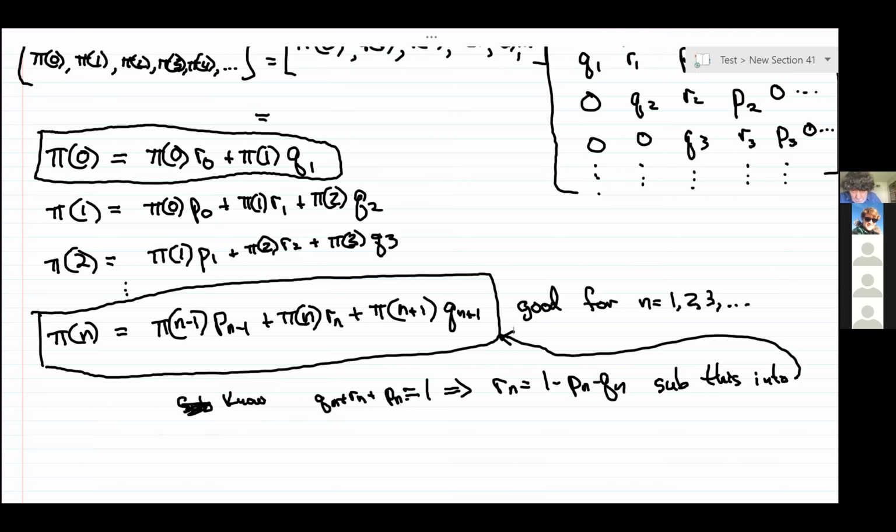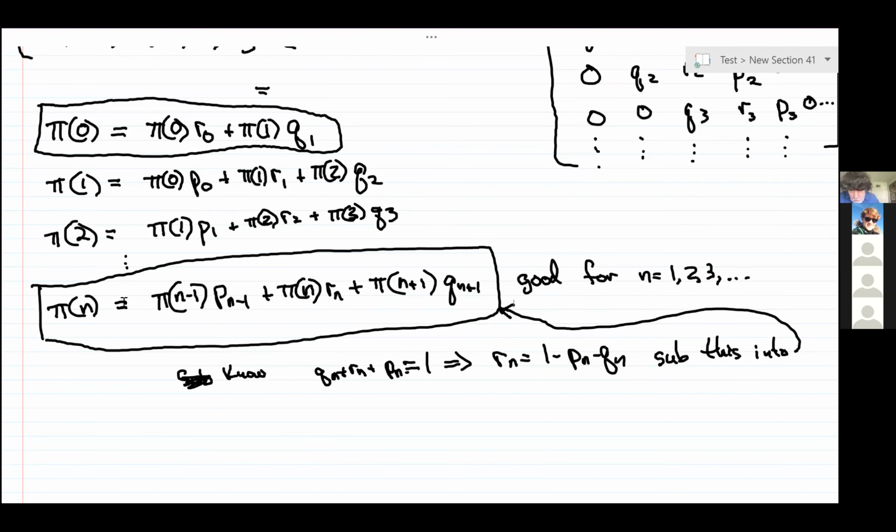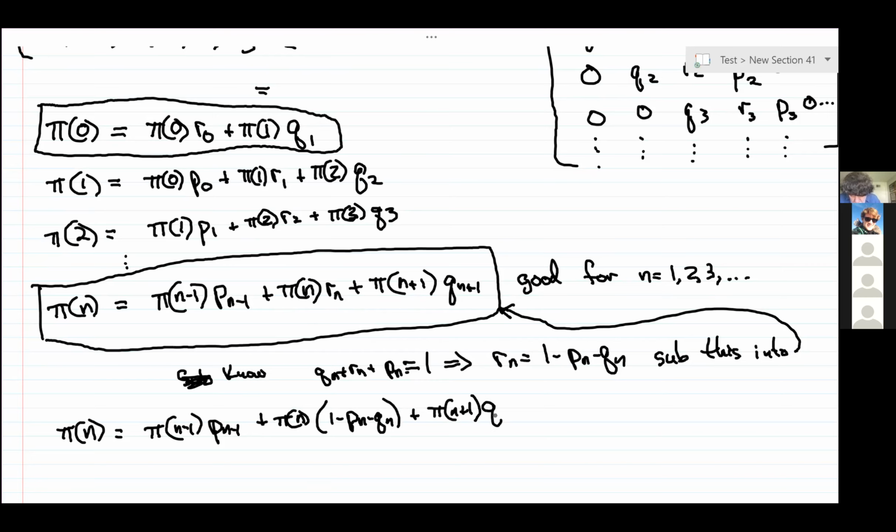It would turn into pi n is equal to pi n minus 1, Pn minus 1, plus pi n Rn, but Rn is all of this stuff, 1 minus Pn minus Qn, plus pi n plus 1 times Qn plus 1.